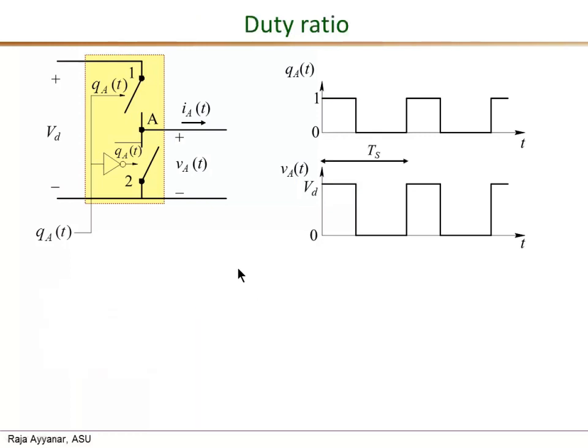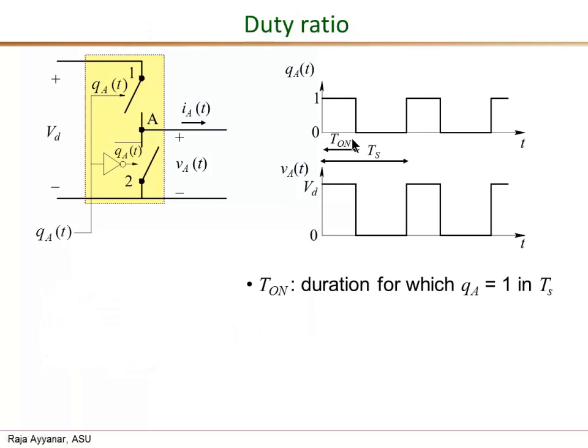Now we are ready to define an important quantity called the duty ratio, denoted by the letter D. First we define the duration for which QA is 1 in each period Ts as the T on interval. So this is T on in the first period, and this is the T on subinterval in the second switching period, and so on.